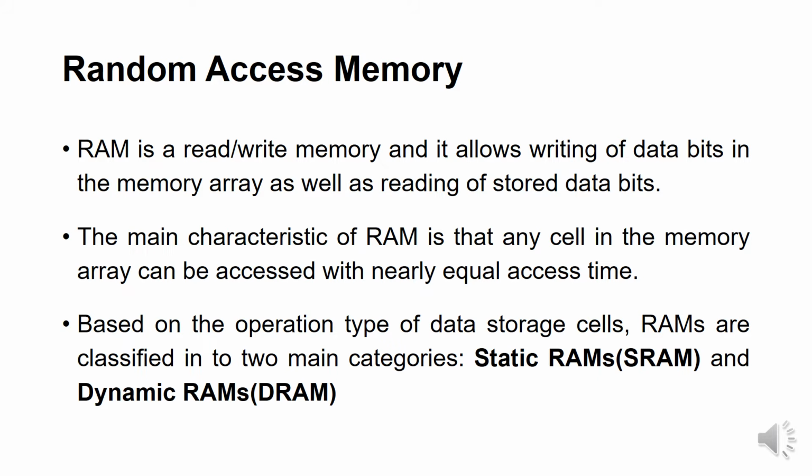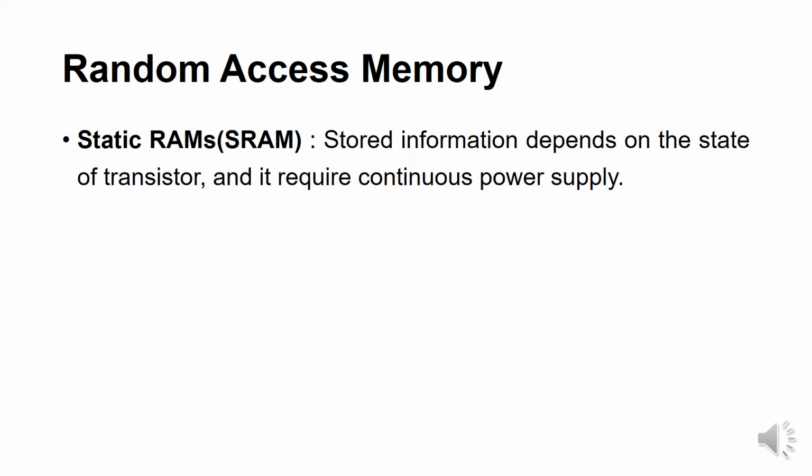Based on the operation type of data storage cells, RAM are classified into two categories: static RAM, that is SRAM, and dynamic RAM, that is DRAM. Static RAM stored information depends on the state of the transistor, whether the transistor is on or off, and it requires a continuous power supply.